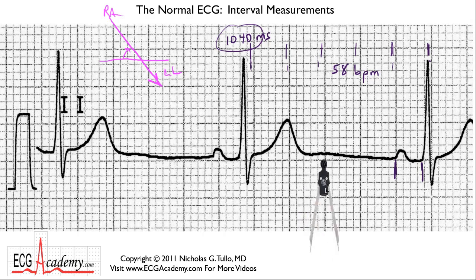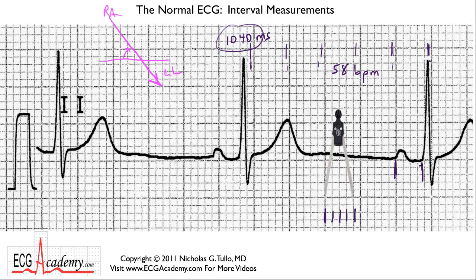You lay down one point at the very beginning of the P wave, and then the other point goes at the very beginning of the QRS complex, and that measures out the PR interval. And then you pick up the calipers without moving the points, of course, and you lay it on a heavy line, and then you count off how many milliseconds this is, okay? So that's 40, 80, 120, and just about 160 milliseconds.